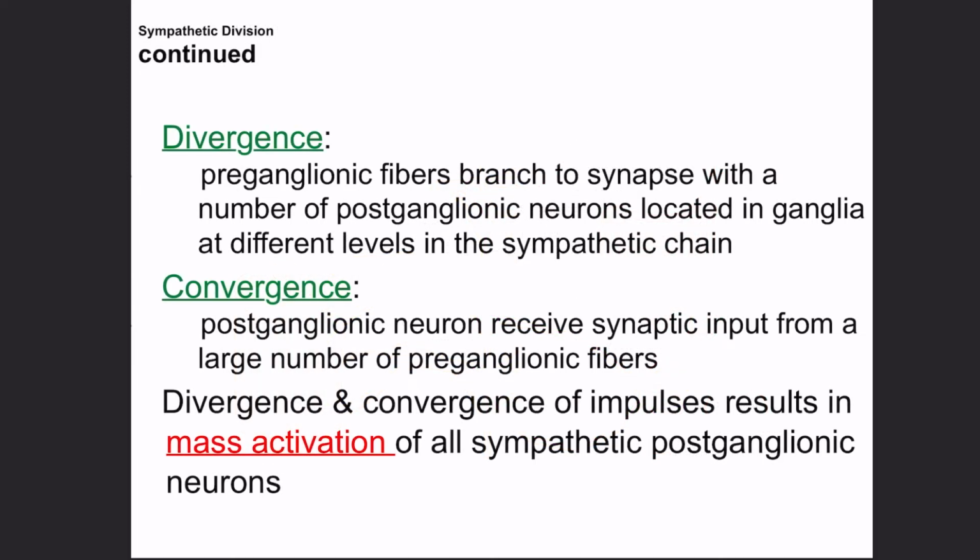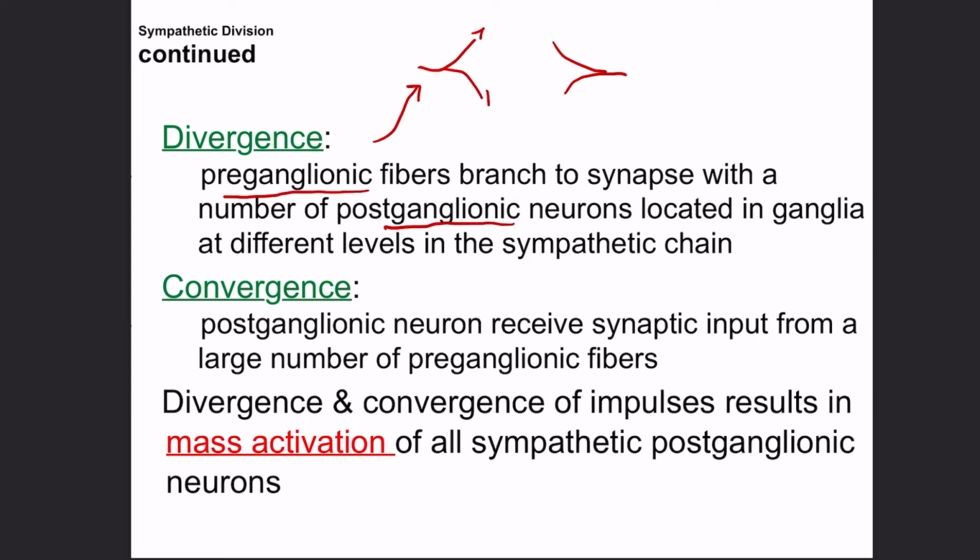Our preganglionic and postganglionic fibers are going to split or converge. So our preganglionic fibers branch out like this one right here. And that is so that the preganglionic fibers are actually able to synapse with a lot of postganglionic neurons by branching out.